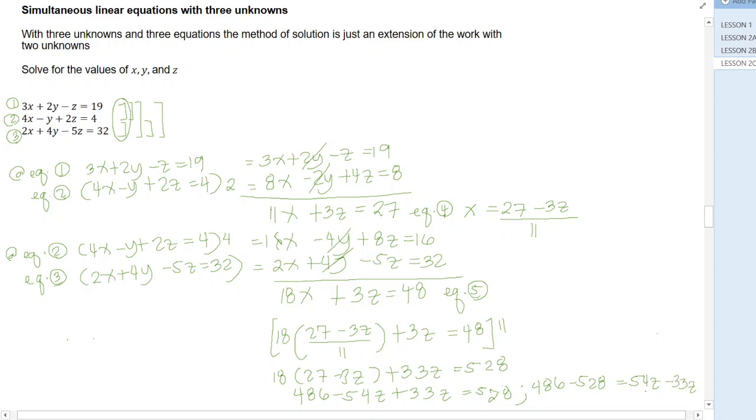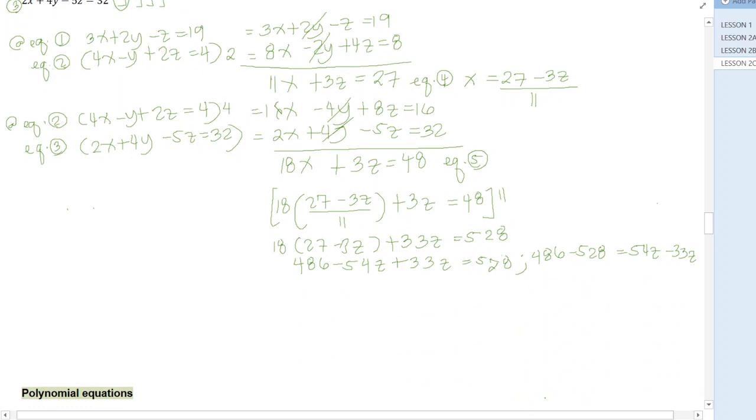So for the value of z, 54 minus 33 is already 21. So 21z is equal to 528 minus 486, that is negative 42.